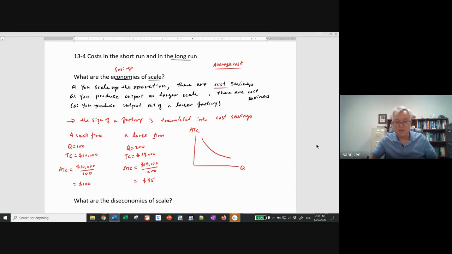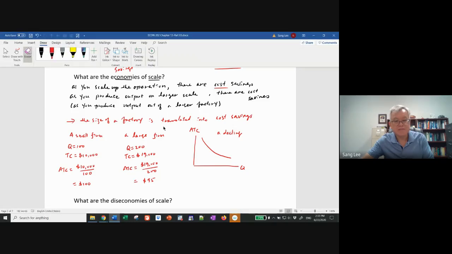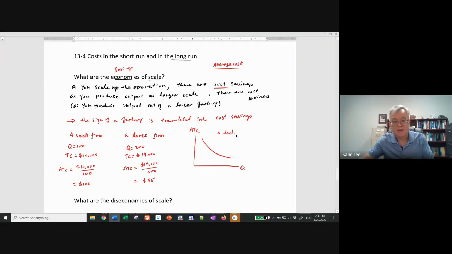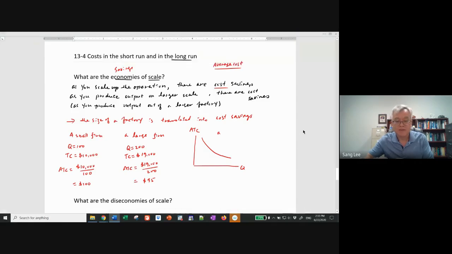So simply there is a declining segment on the average cost curve.